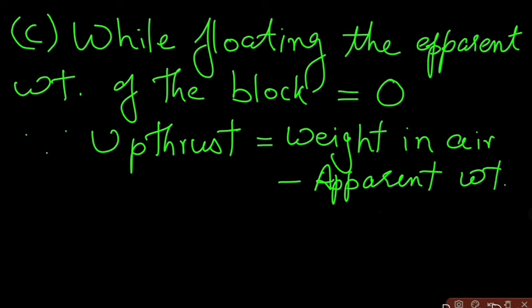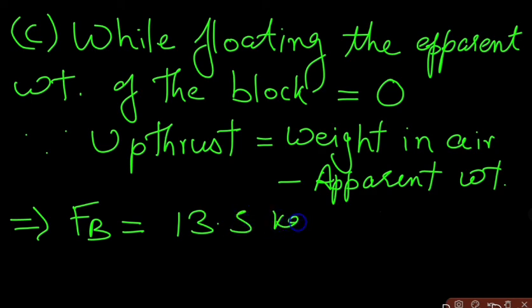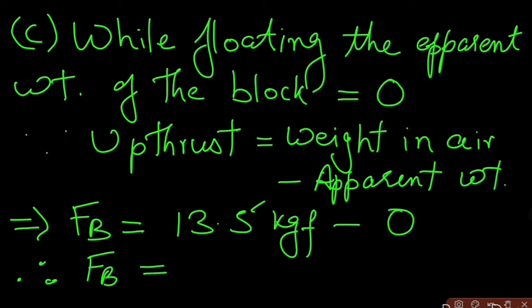So I can write upthrust Fb is equal to 13.5 kgf minus 0. Therefore upthrust is equal to 13.5 kgf. So this is the solution of number 6.